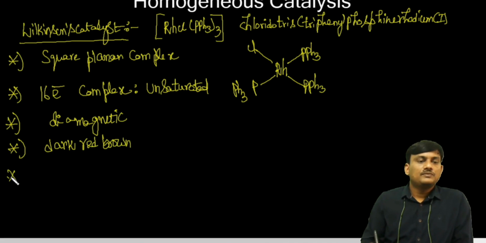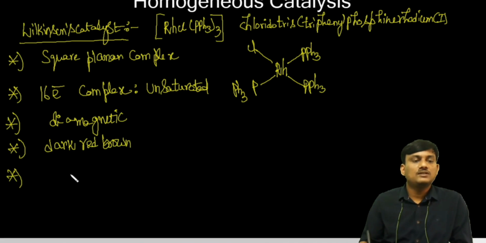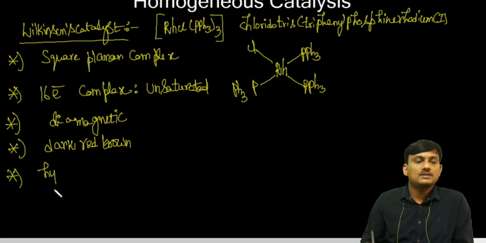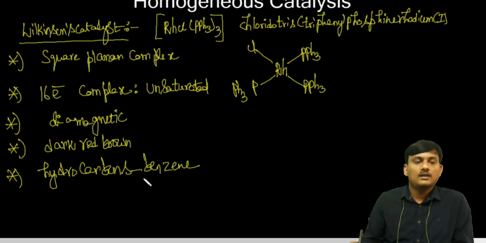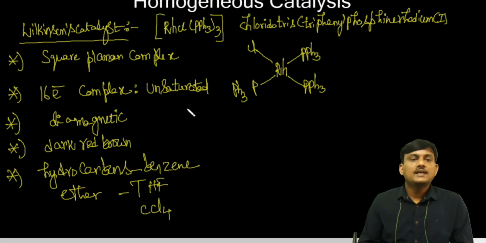Wilkinson's catalyst is soluble in organic solvents such as hydrocarbons, for example benzene, and also in ethers such as tetrahydrofuran, and also in chlorinated solvents such as carbon tetrachloride. Since Wilkinson's catalyst is soluble in solvents, it's a homogeneous catalyst.